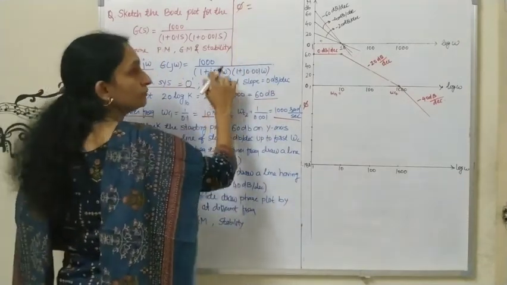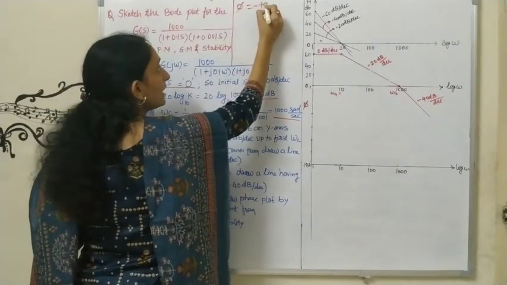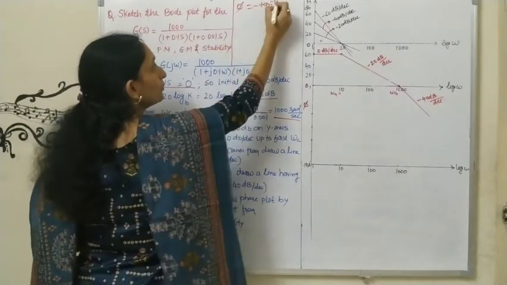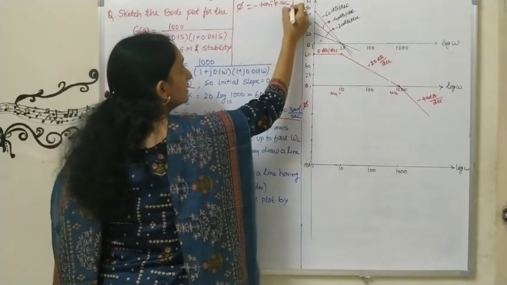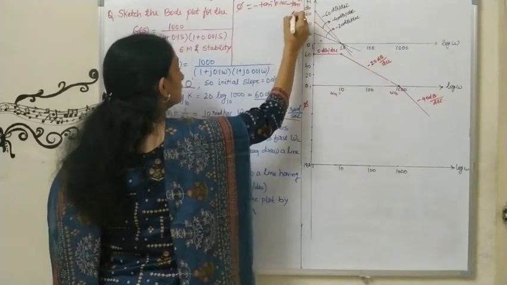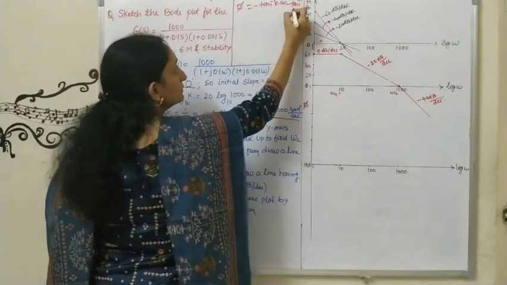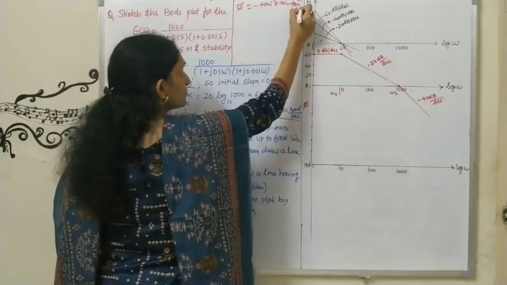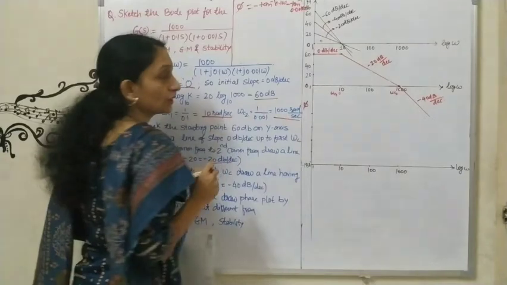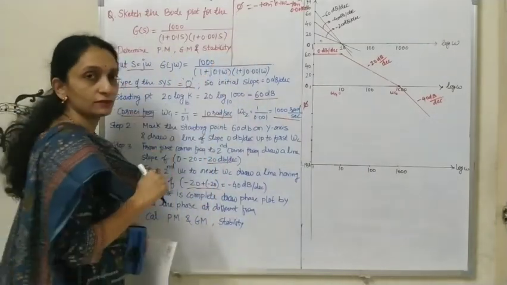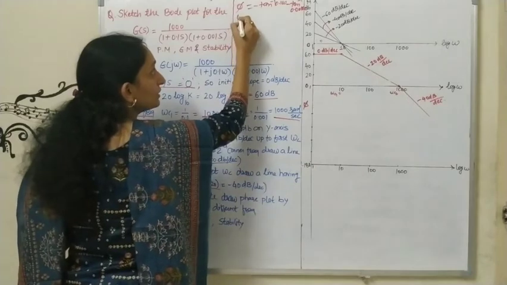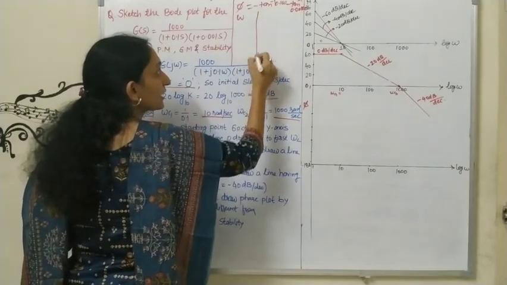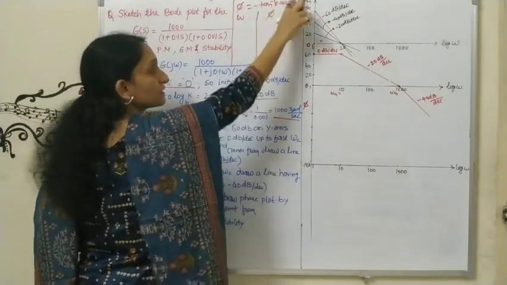Phi is equal to minus tan inverse of 0.1 omega upon 1, then minus tan inverse of 0.0001 omega upon 1. Okay, so this will be my angle. Now, for drawing the Bode plot, I need to put different values of omega and calculate phi.